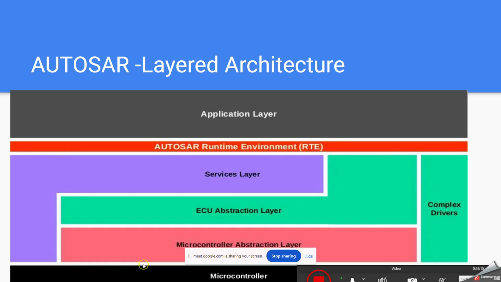At that time, you can directly change the microcontroller by just replacing the MCAL and microcontroller. So that upgrade facility also will be there. But in older mechanisms, we don't have that kind of facility. So with that, we got stuck a lot. So maybe due to that, Autosar came into the picture and this layered architecture works.